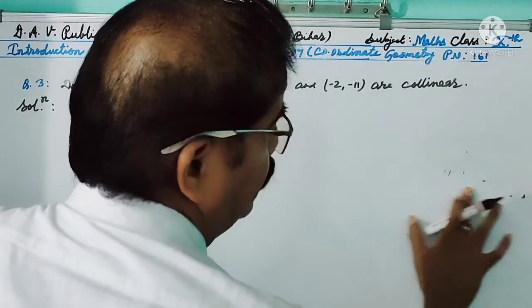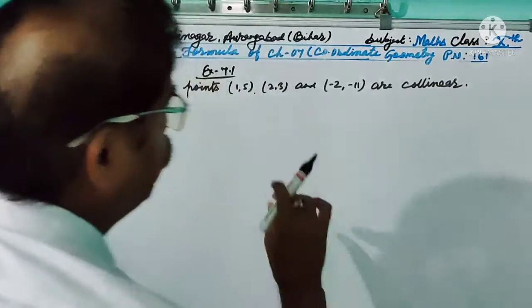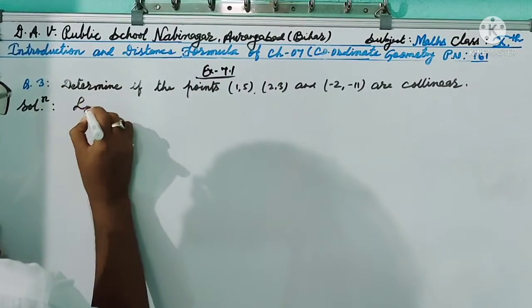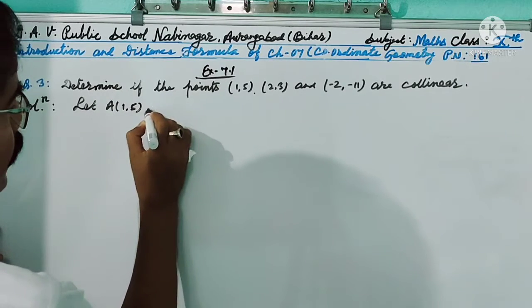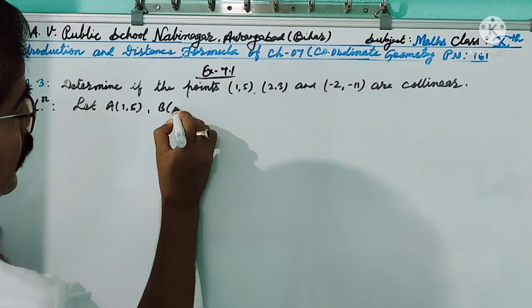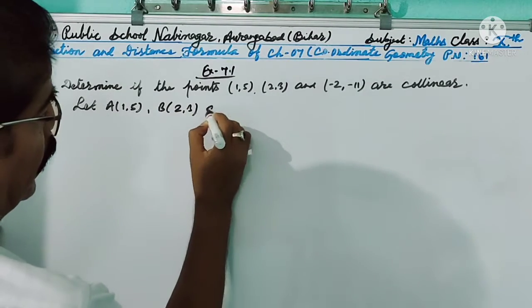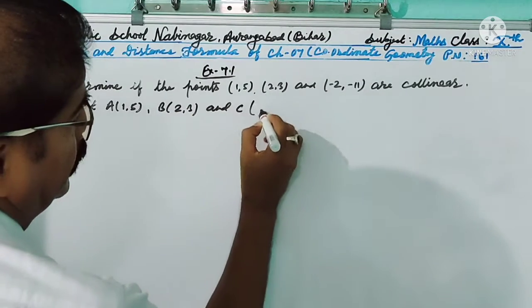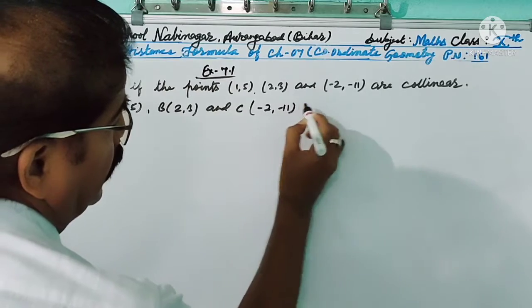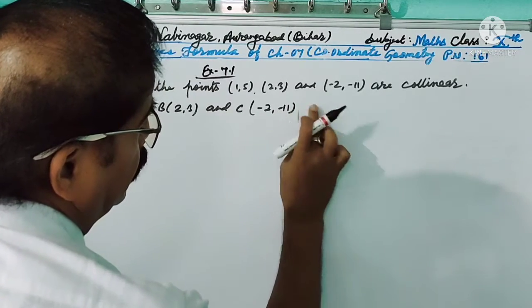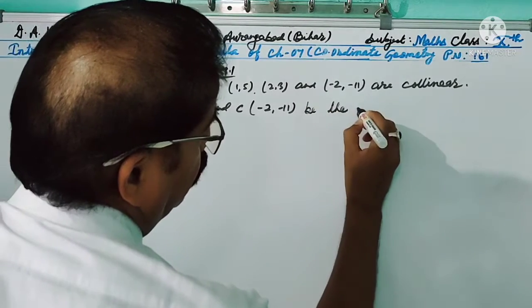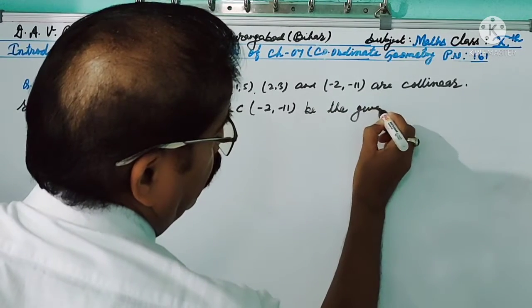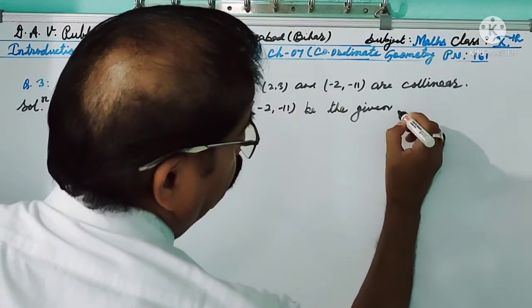Let A, B, C be 3 points. Let A (1, 5), B (2, 3) and C (-2, -11) be the given points.